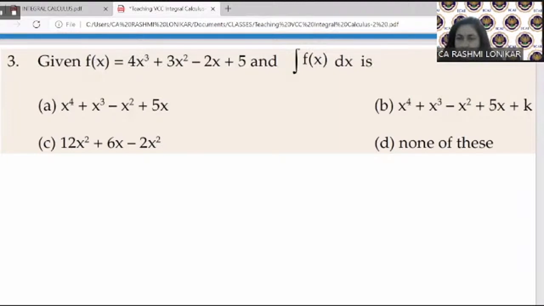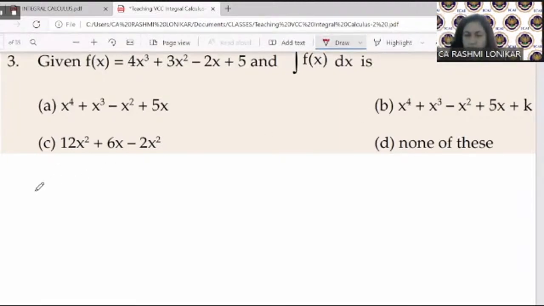Now let us go to the third sum. They are asking us to find the integration of this function. So what do we have?